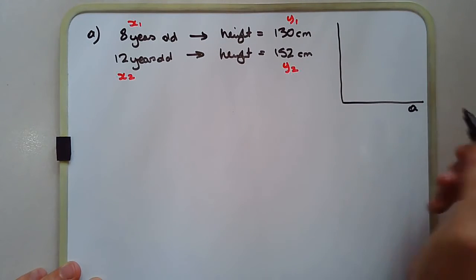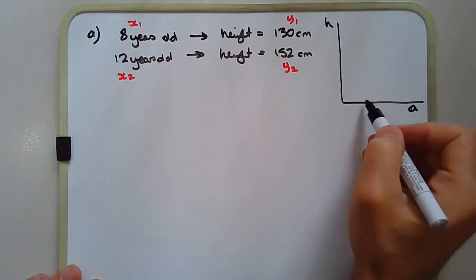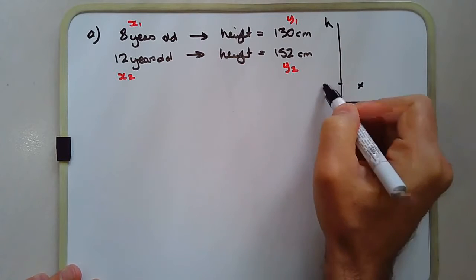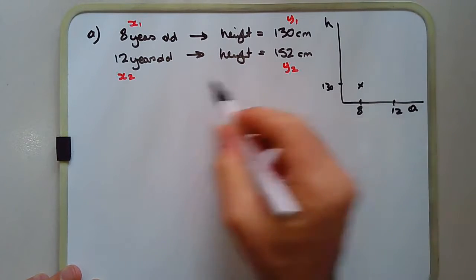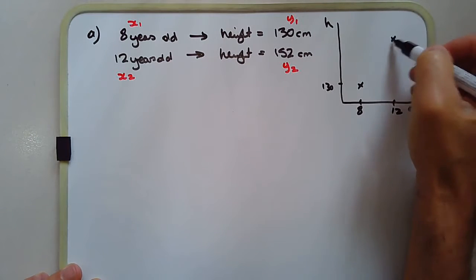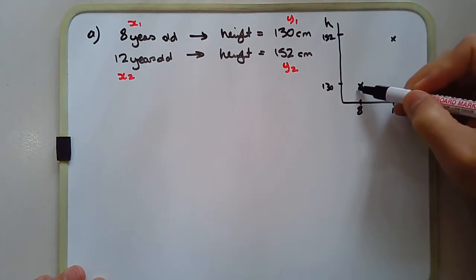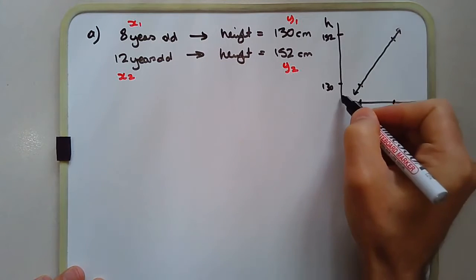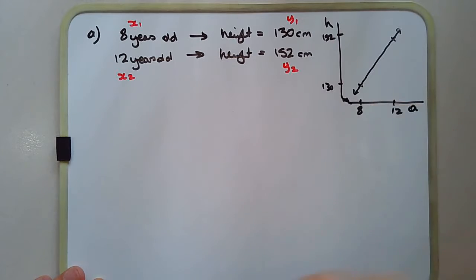This will be your age, so let's call that A, and this will be our height H. So 8 years of age, maybe 130, and at 12, it's 152. I might just put a little break there, because the graph doesn't start from 0.